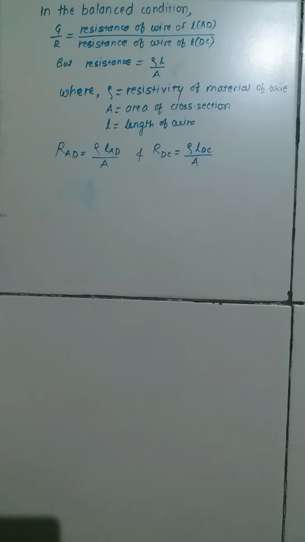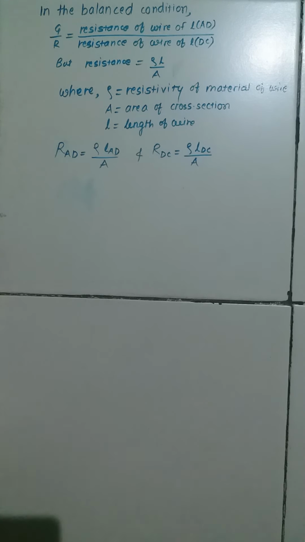Therefore, resistance for part AD is equal to rho LAD upon A, where LAD is the length between A and D, measured as Lg, and RDC is equal to rho LDC upon A, where LDC is the length between points D and C, measured as Lr.